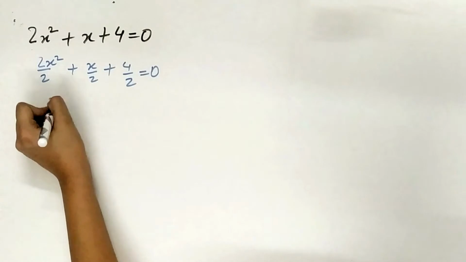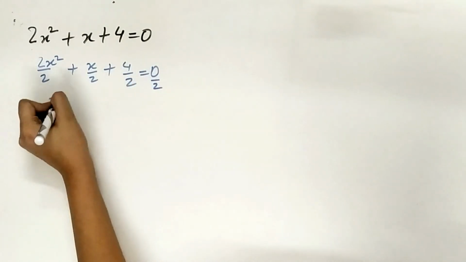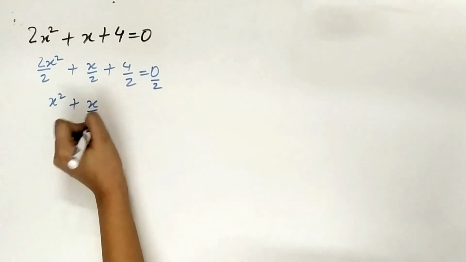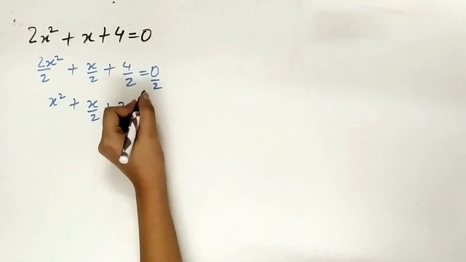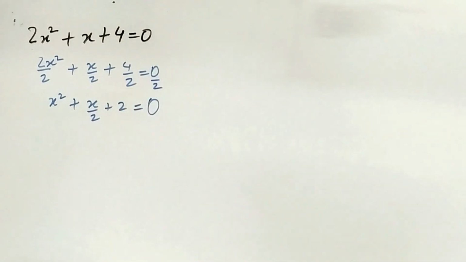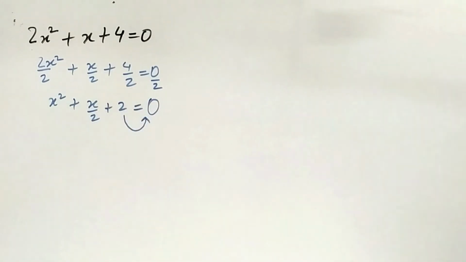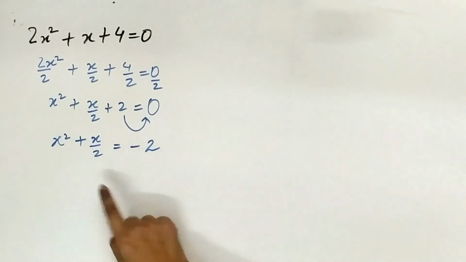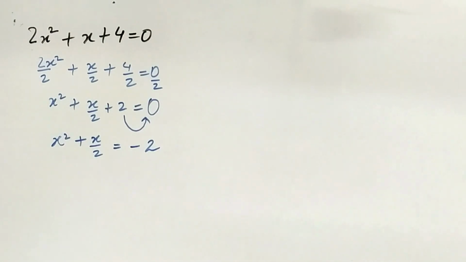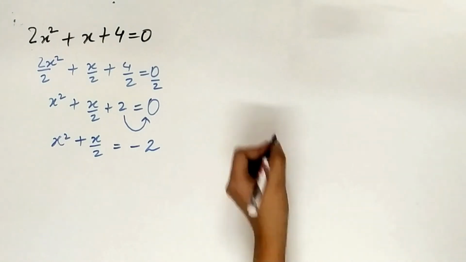2 divided by 2 is x square plus x by 2 plus 2 is equal to 0 divided by 2, which is 0. Step 2 is to transpose 2 to the right side of the equation. Step 3 is to multiply the coefficient of x by 1 by 2.